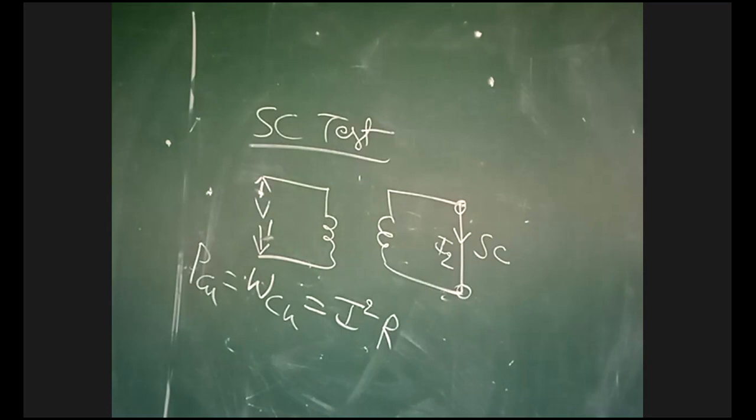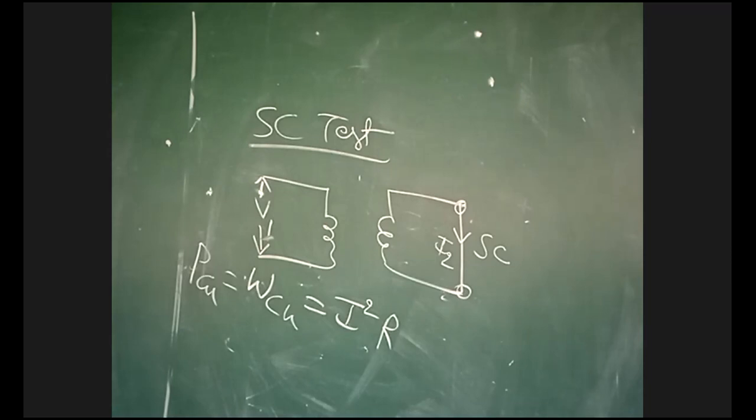Rated current. Suppose the rated current of the transformer is 5 ampere. We have to apply full current in short circuit, 5 ampere. Suppose you apply 3 ampere or 4 ampere or 2 ampere, what will happen? It won't give complete copper loss of the windings.